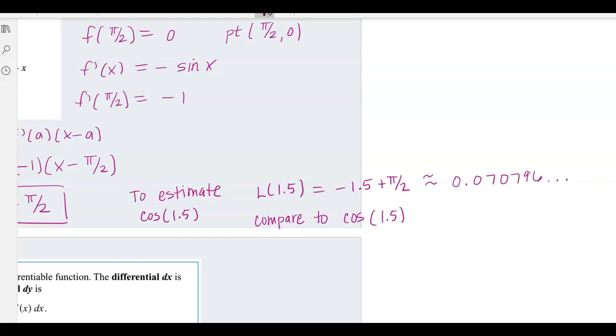So cosine of 1.5 is 0.070737. So we can see that out a couple of digits, that's where the estimates are not correct, but within the 10,000ths, the estimate is exactly the same. So again, the point is that we can use this linearization, this formula that's much simpler, to estimate the function values at a particular point.